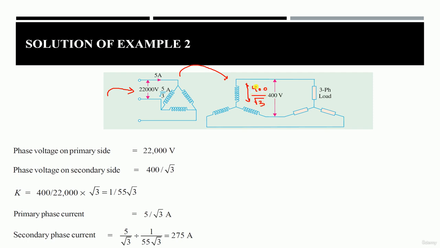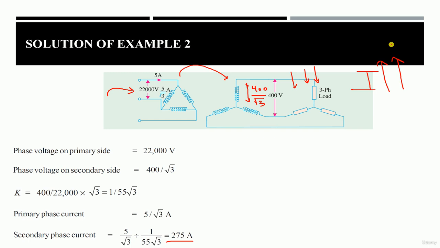So the voltage is reduced, and the current should increase, right? Since we have the same power. So we started with 5 over root 3 ampere for the phase current, and now at the secondary side, we have 275 ampere. So the current increased, and we are solving the problem correctly.